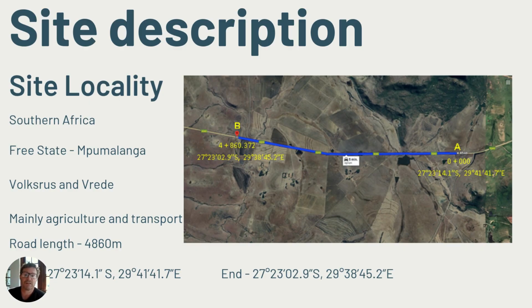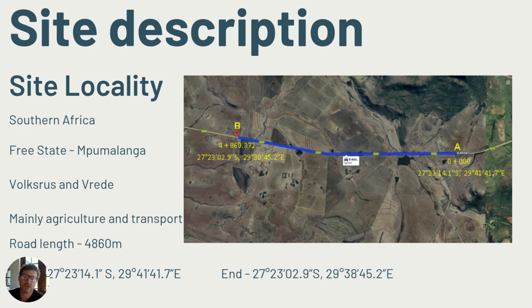This is a GPS location 27 degrees 23 minutes 14.1 seconds south, 29 degrees 41 minutes 41.7 seconds east, and end at point B, which is at 27 degrees 23 minutes 2.9 seconds south, 29 degrees 38 minutes and 45.2 seconds east. The designed road length will be 4.86 kilometers long. It's a little bit longer than it should be, but we will get to that later.